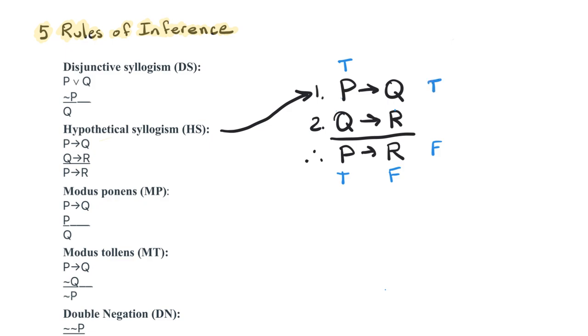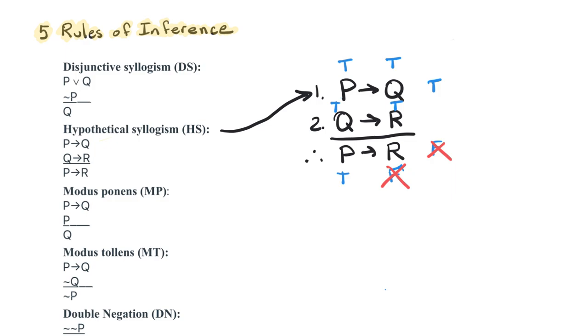So if P were true, Q would need to be true, which brings us down to premise 2. If Q is true, then R has to be true. So we could not have this situation. This is a valid form of argument, and it can be used as one of our rules of inference.